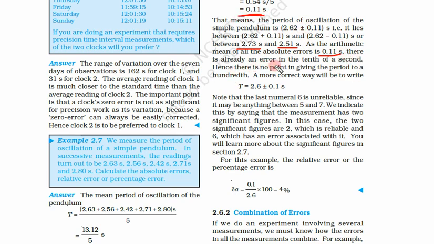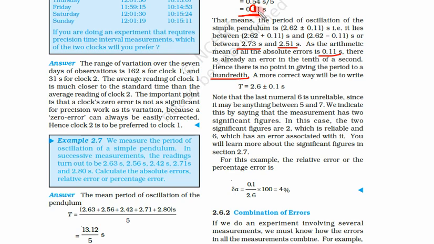There is already an error of a tenth of a second. We are getting this digit as non-zero, which means the error is more than 1/10 of a second. Hence there is no point giving the period up to the hundredth of a second, since this digit also has an error of 1.